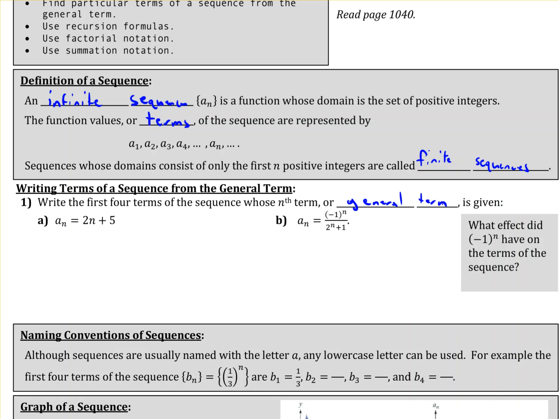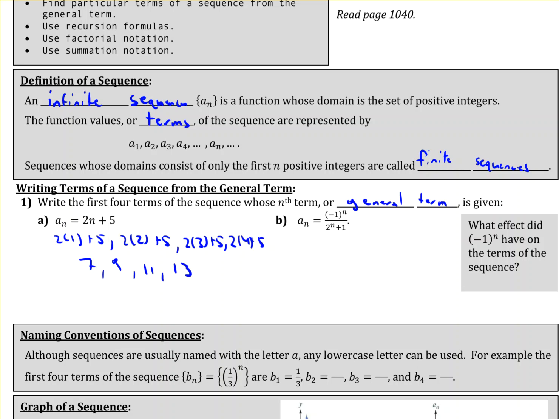So I get 2 times 1 plus 5. The next term would be 2 times 2 plus 5. The next term would be 2 times 3 plus 5. And the fourth term would be 2 times 4 plus 5. And so I get 7, 9, 11, 13. Those are the first 4 terms of that sequence.